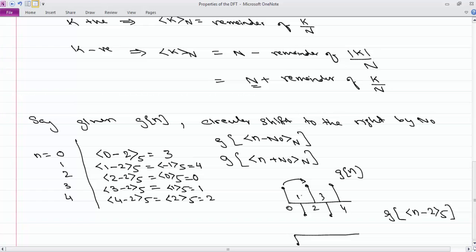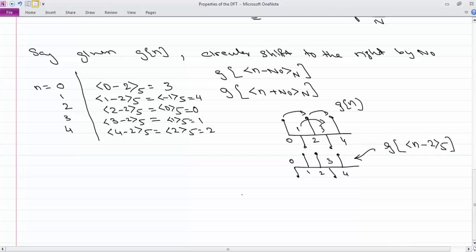So 0 is going to 2, 1 is going to 3, 2 is going to 4, 3 is going to 0, and 4 is going to 1. So this is g of (n minus 2) mod 5. Okay. So this is called the circular shift. You can do it for the left too, and you'll get a new sequence.